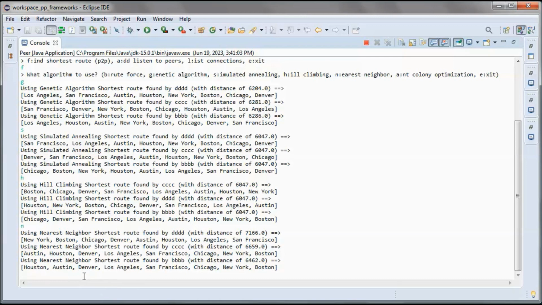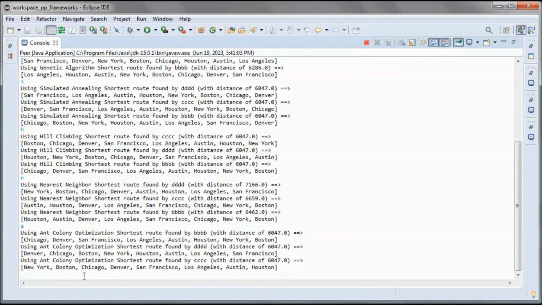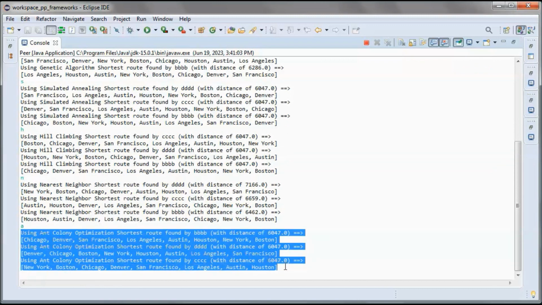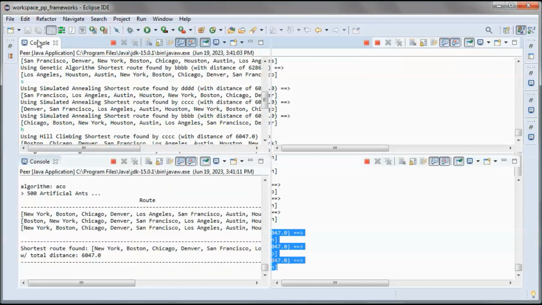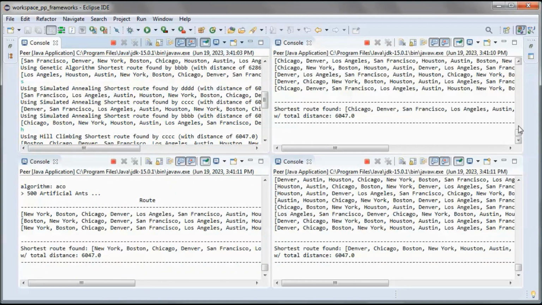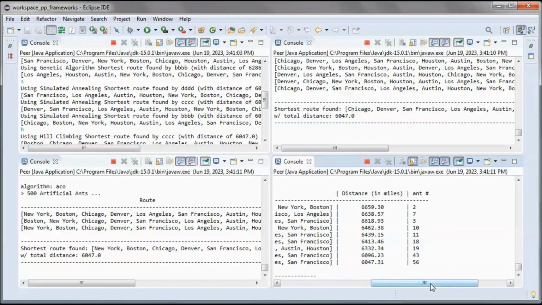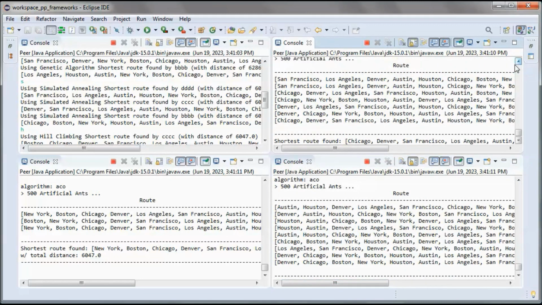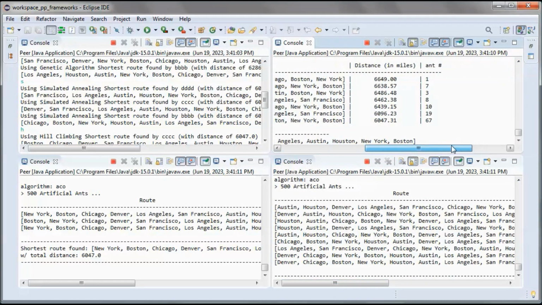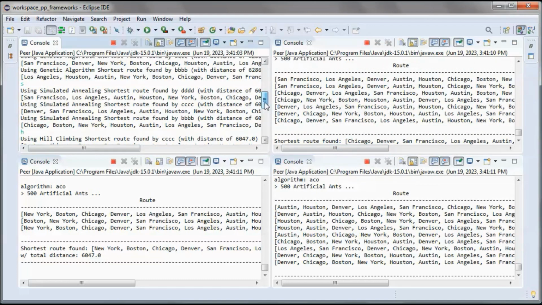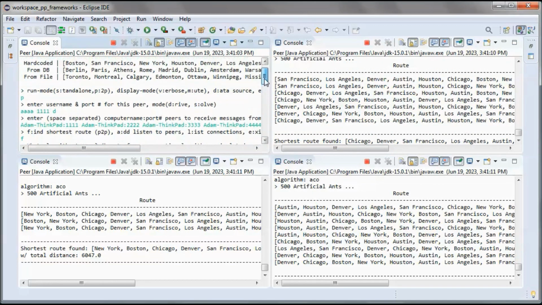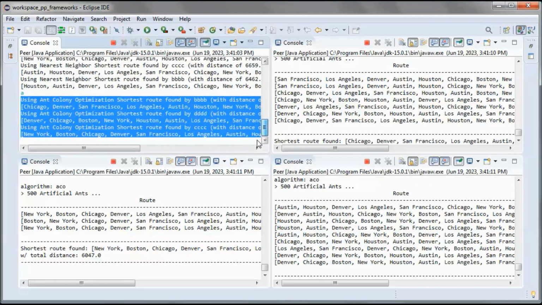And if we use ant colony optimization, we get those three routes by the three different peers. And now let's try using brute force.